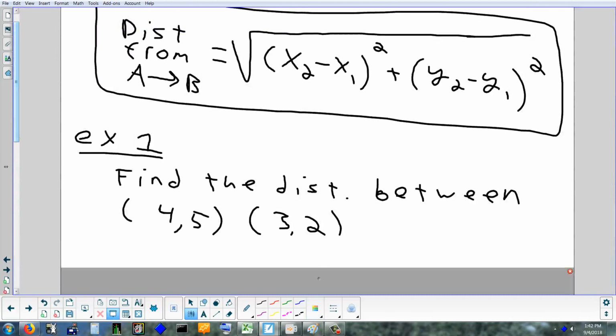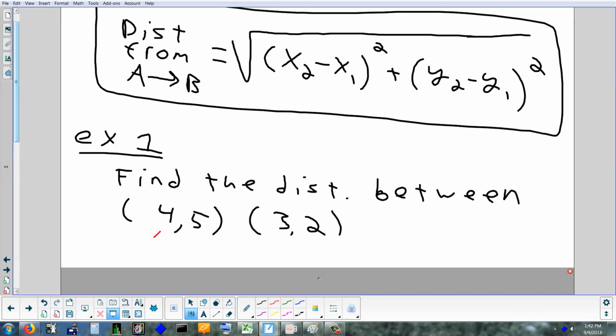Out of the four things I just said, x1, x2, y1, y2, what could I label the 4 as? X1. Yeah, it could be x1 or x2. It can be either one, it doesn't matter. But once you pick, then everything else is automatic.